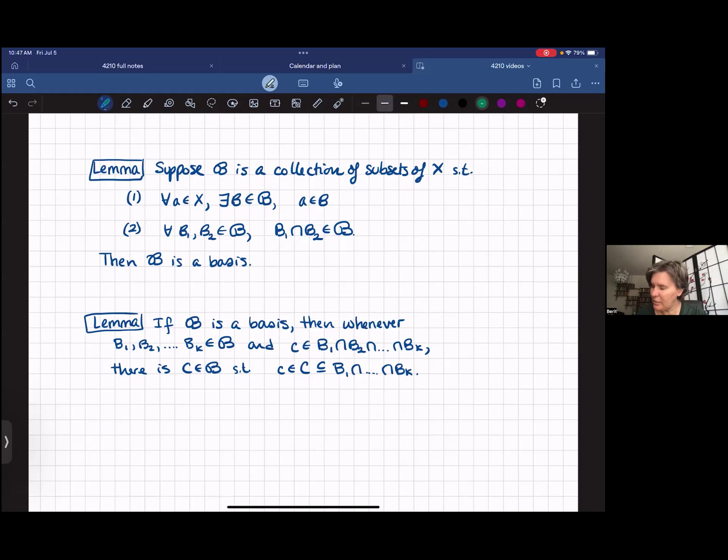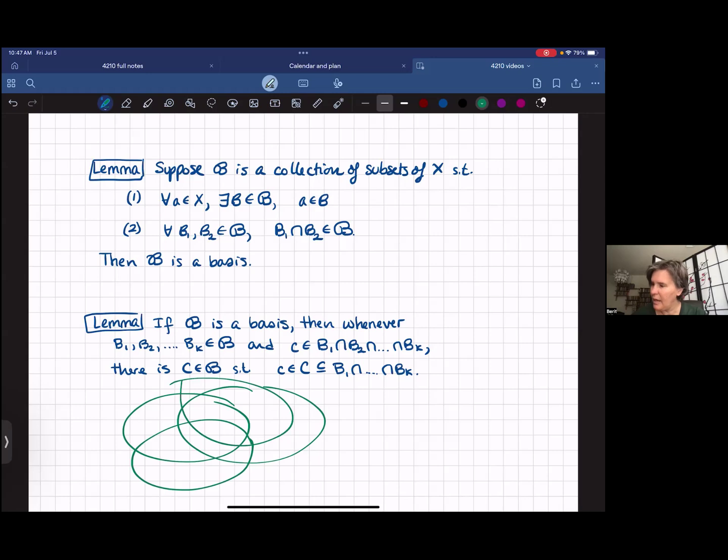So when I take a collection of basis sets like this, and I look at a point C in their intersection, I can find a new set, which I've called capital C here, that's contained in the intersection and that contains the point C. And that's basically an inductive argument.